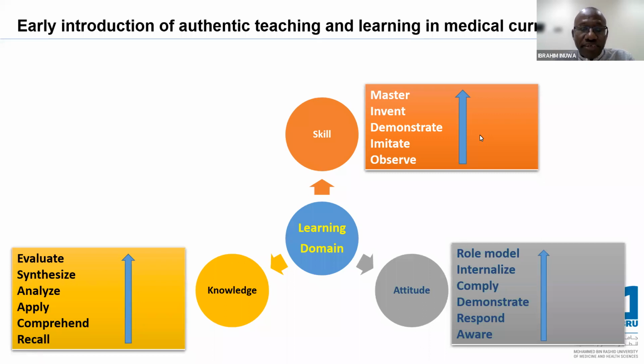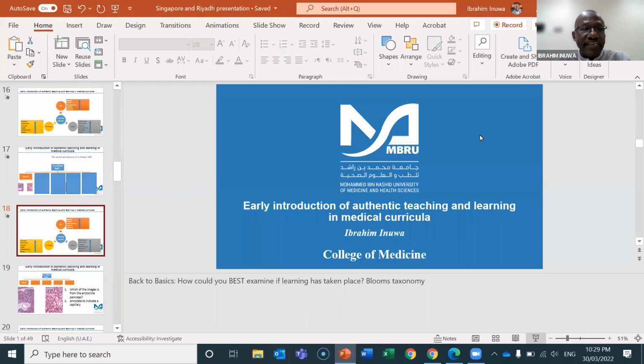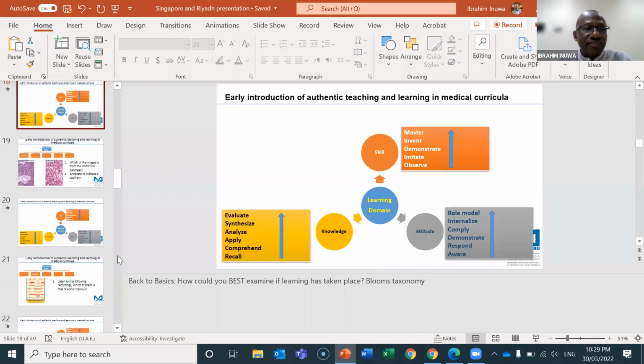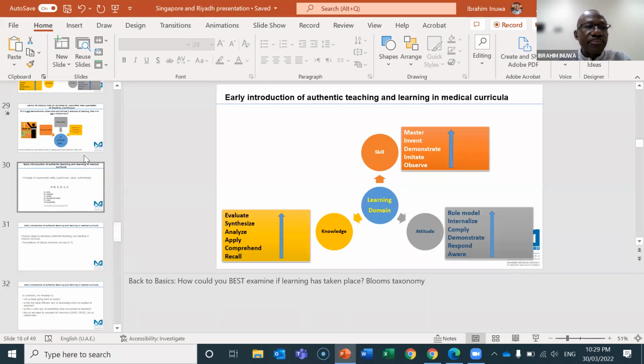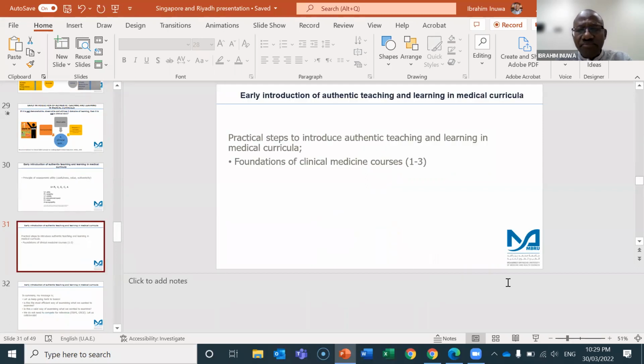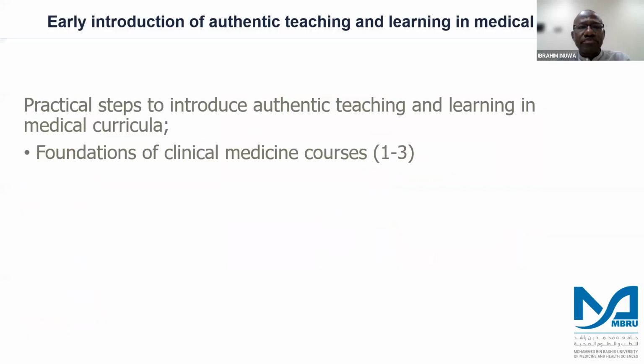I'm conscious of time. What I'm going to do now is focus directly on the other issue, which is authentic teaching and authentic learning. And I'm just going to go to that point on my slide so that I do not bother you so much in terms of examples.